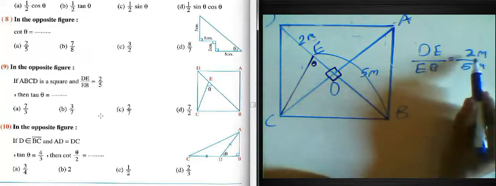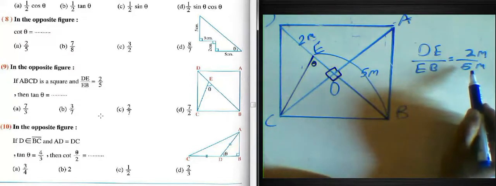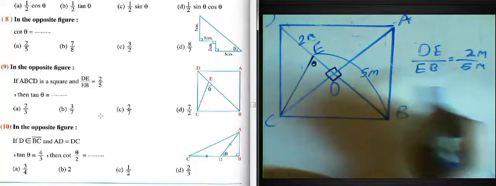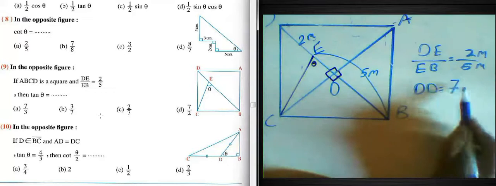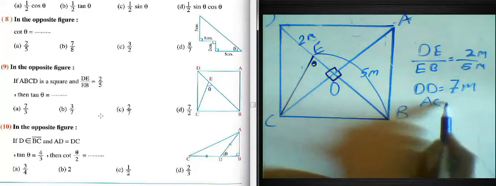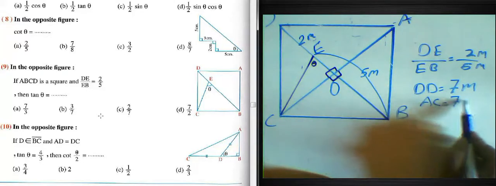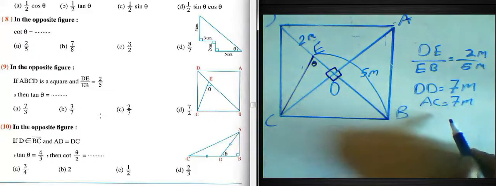M is a constant. So DB will be 7M, and AC will be another length equal 7M.